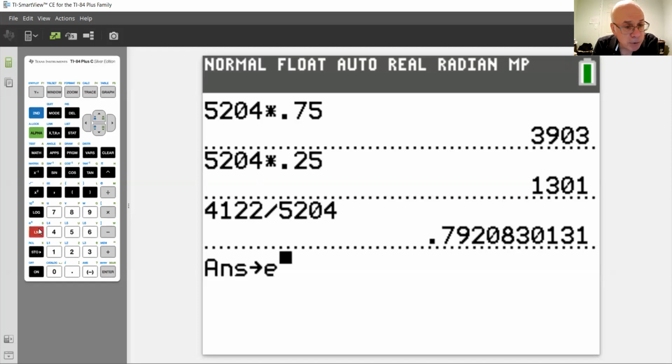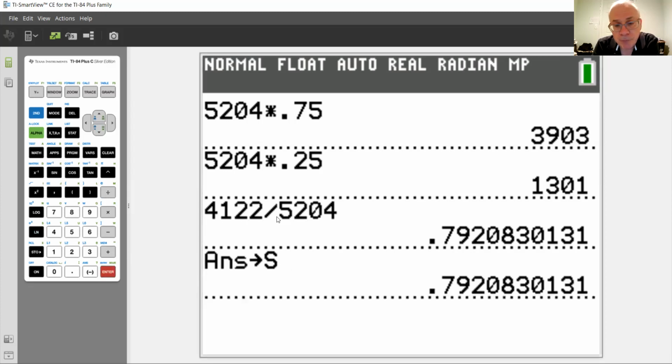Alpha S. Oops, that's not right, so I've got to clear that. Store it again. Store, and let's say alpha and S. Okay, I think I hit the second button by accident there. Hit enter. So 0.792 is now in alpha S.